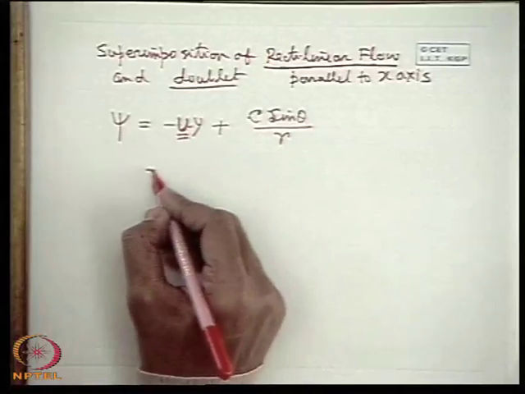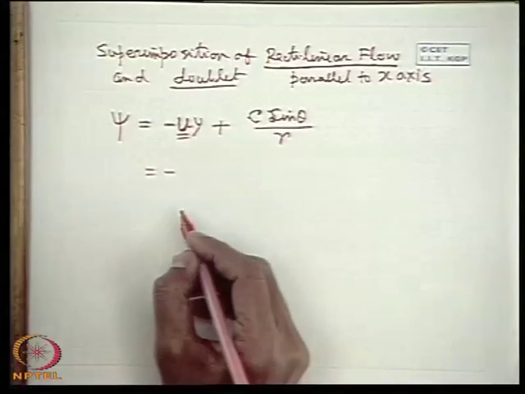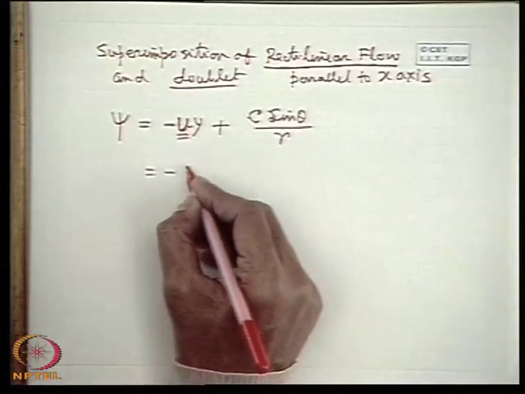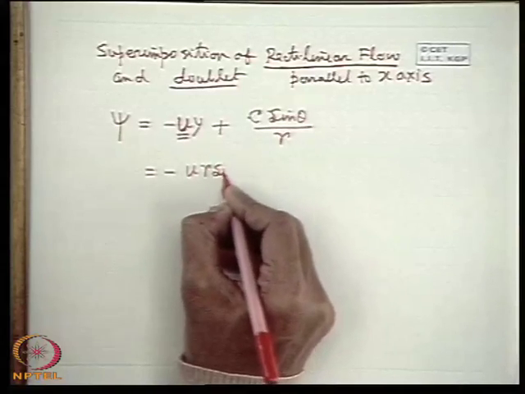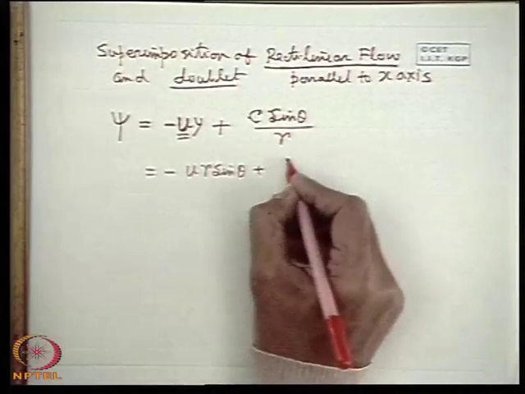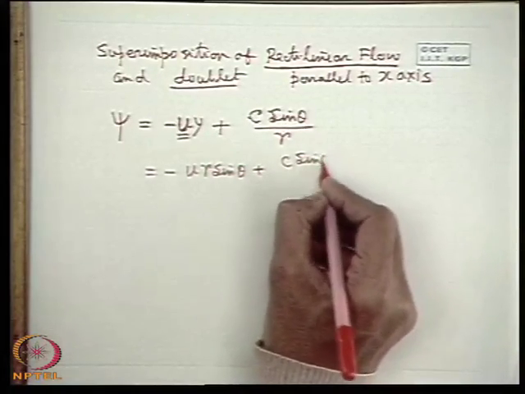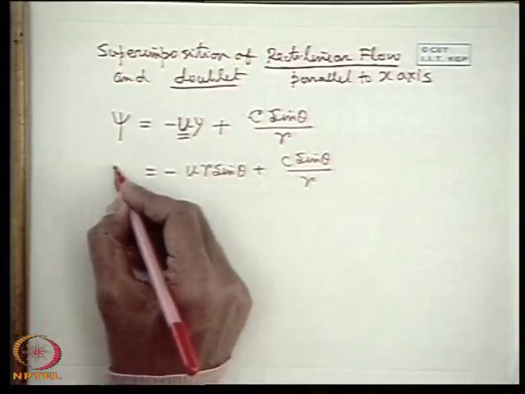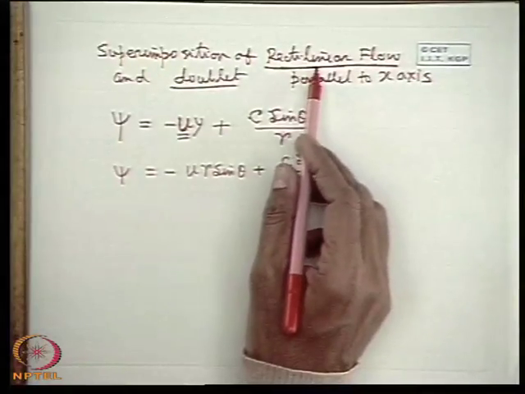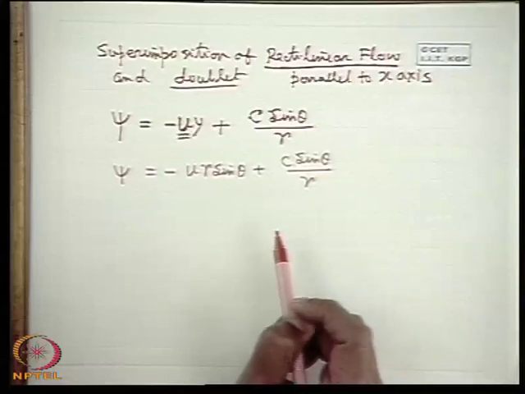Now if I write y in terms of r and theta in the polar coordinate system, it will be u r sin theta plus c sin theta by r. This is the typical stream function for the combination of rectilinear flow parallel to x axis and the doublet.